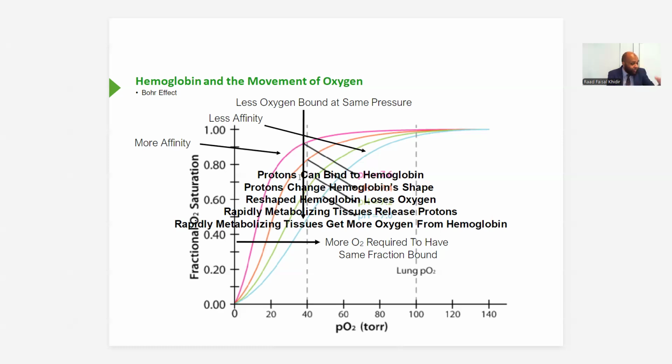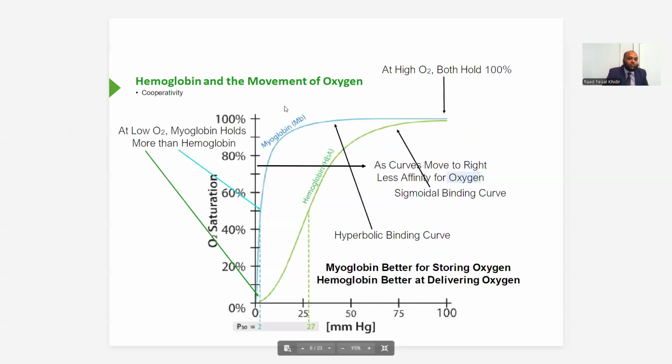So this is not just running. I gave an example of running. What about if you are emotionally stressed? That's an equal problem. So this graph represents how much hemoglobin is saturated with oxygen.